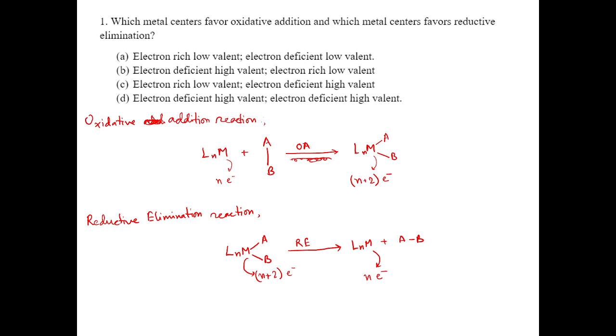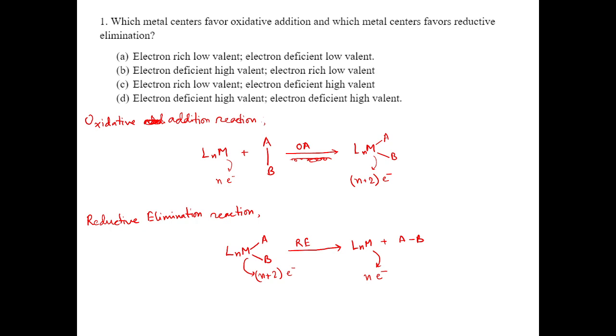So it has to be electron rich. If the metal center has more electrons, it has a higher tendency to do the oxidative addition reaction. At the same time, the electron count n is becoming n plus 2.